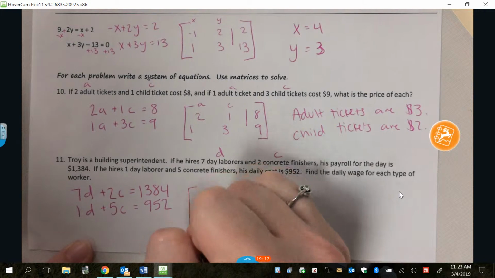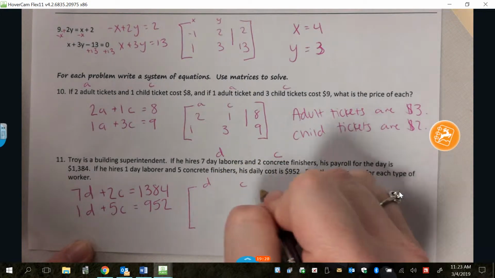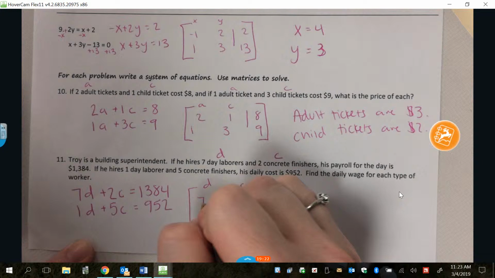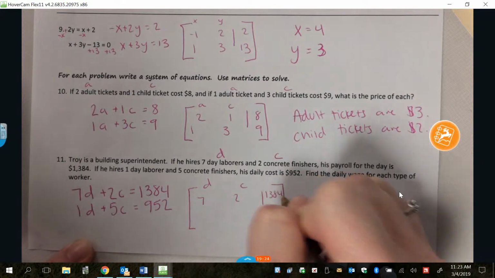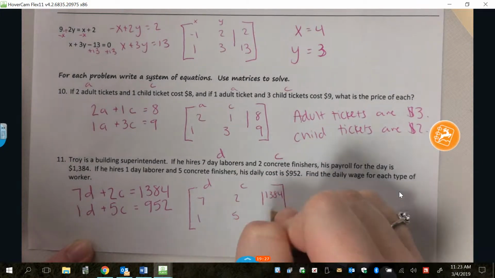So let's build our augmented matrix. Day laborer versus concrete. 7, 2, 1384. 1, 5, 952.